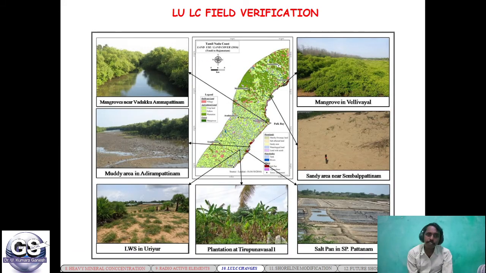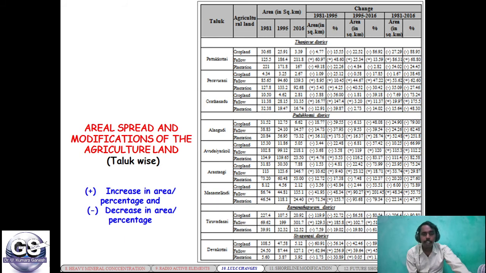During the field survey, the different land use land cover features were verified, and the major modification of land use was noticed in the agricultural land, particularly the cultivated land.